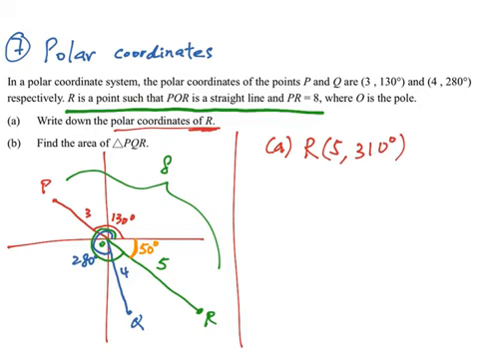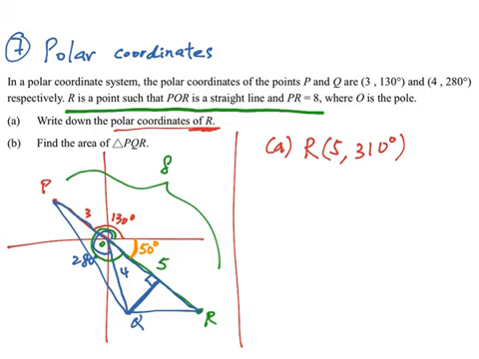For part B, we need to find the area of triangle PQR. So we need to draw a triangle. For finding an area of triangle, we need to use base times height divided by 2. So the base is 8, we know, and the height is this one. So how to find this height?